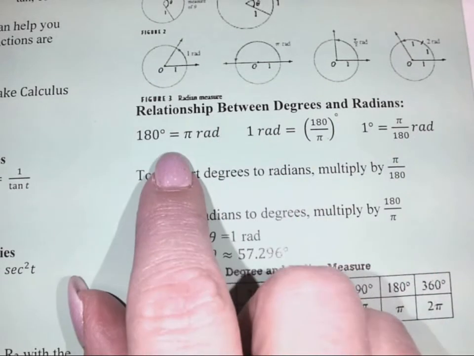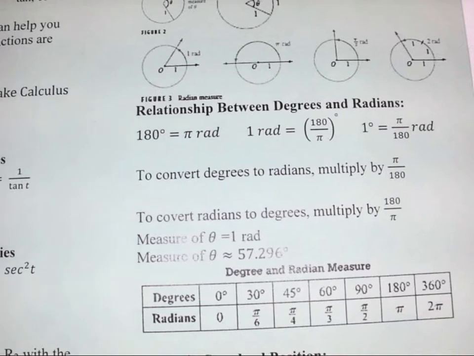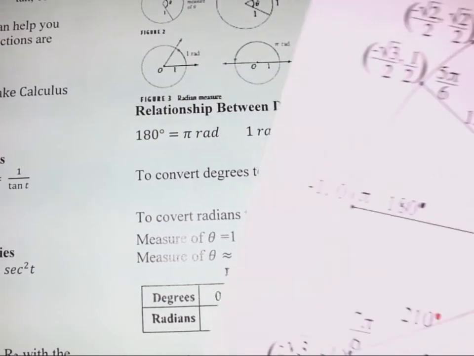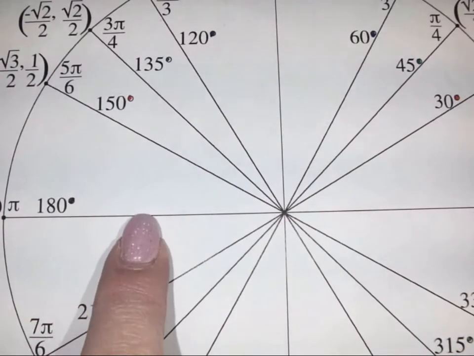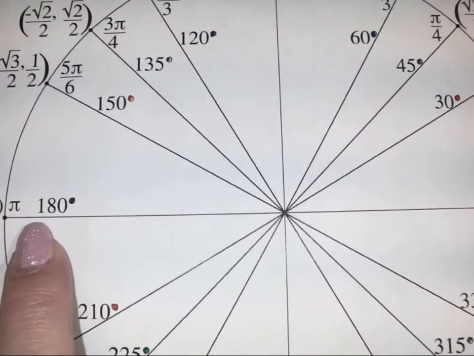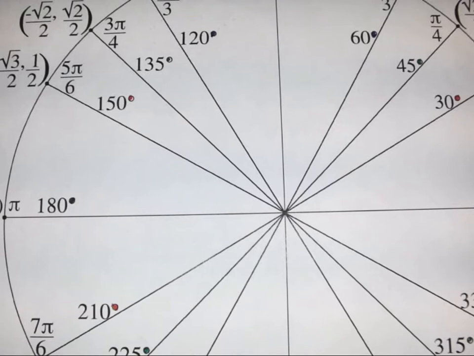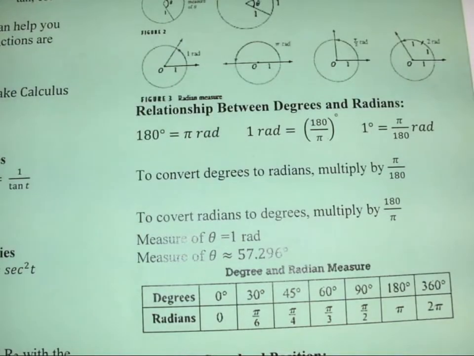So as long as you understand on your circle that 180 degrees is equal to pi, trying to get my circle here. All right, so we have 180 degrees goes this way, and that's the same thing as pi. So if you get the relationship between those, you just could divide by either side.